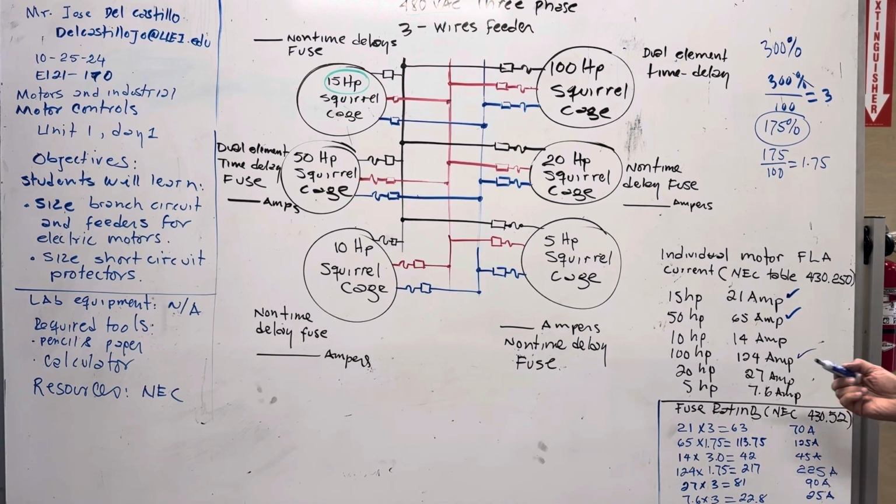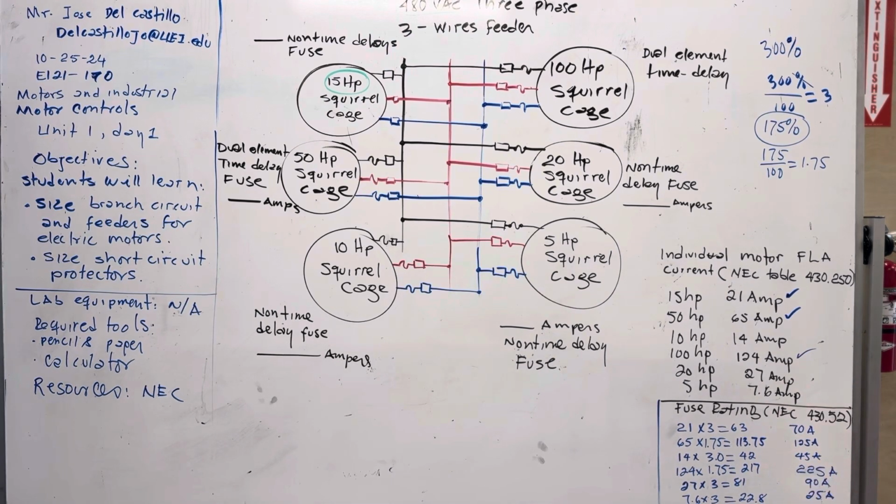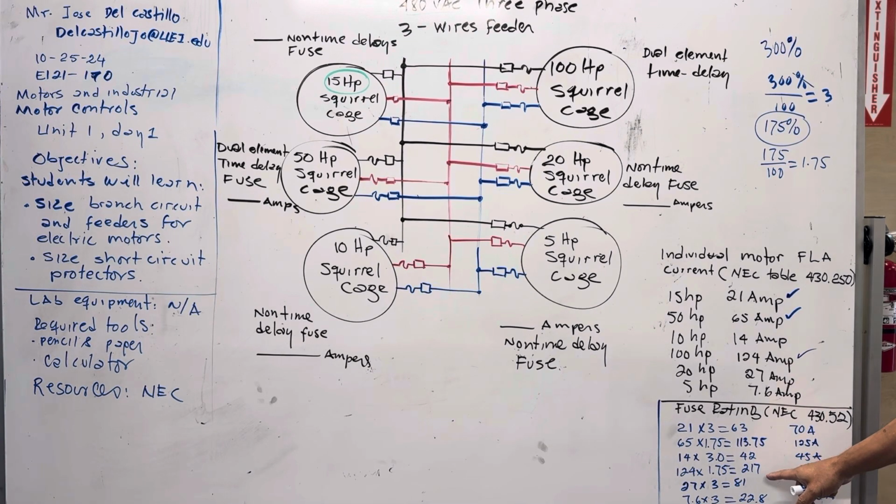And I am asking you to use dual element time delay, so I need to multiply it by 1.75, according to table 430.52. So it's giving me 217, rounding to the nearest higher one, which is 225 amps.